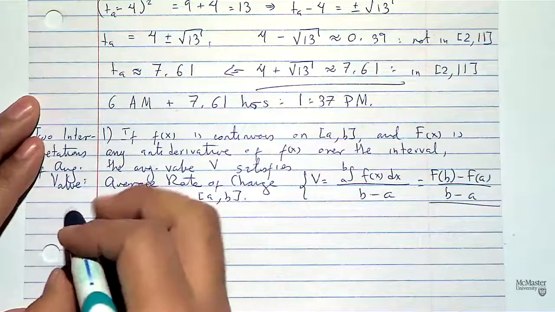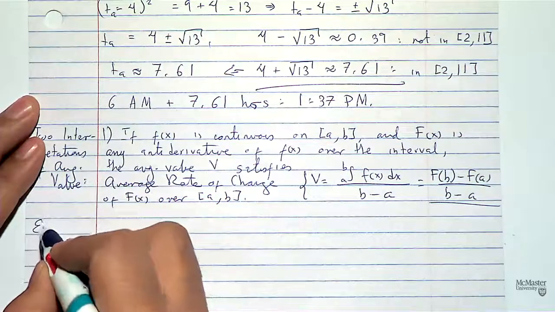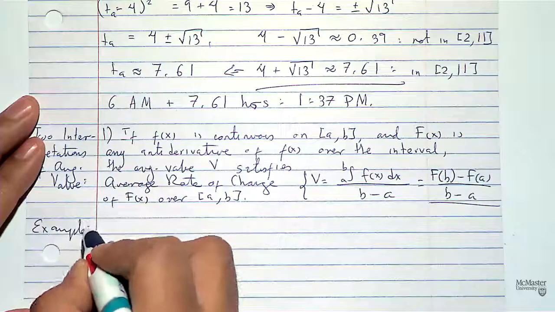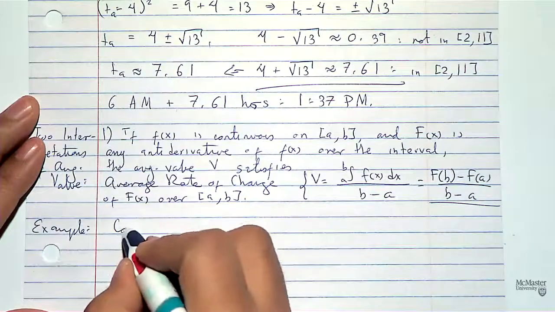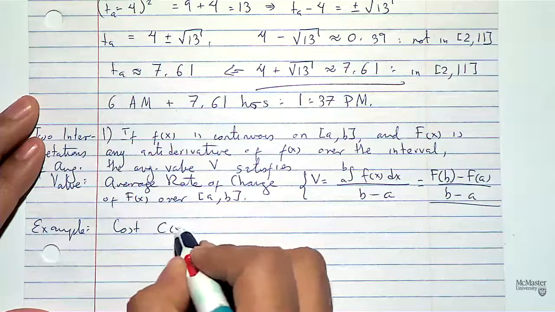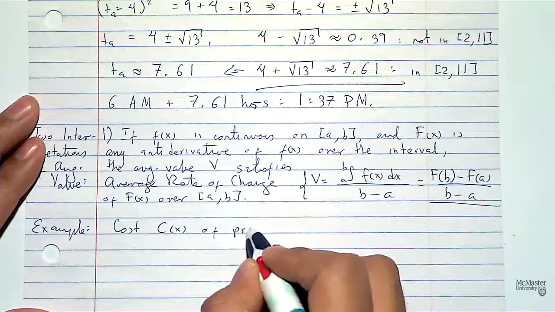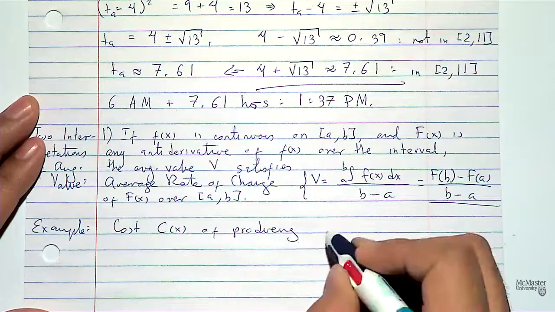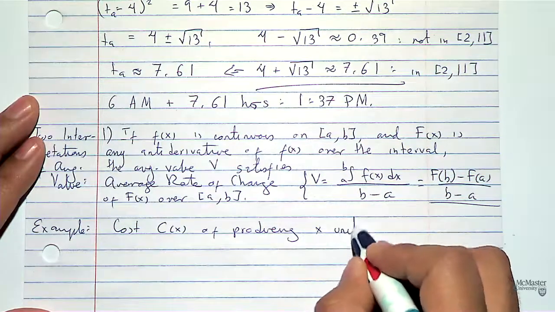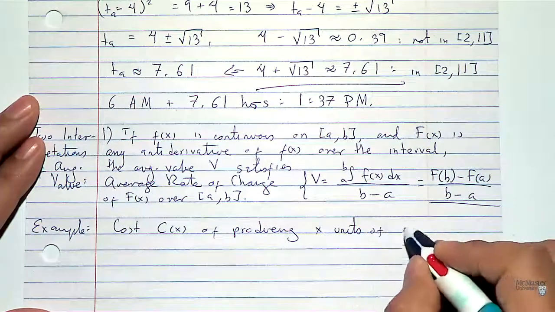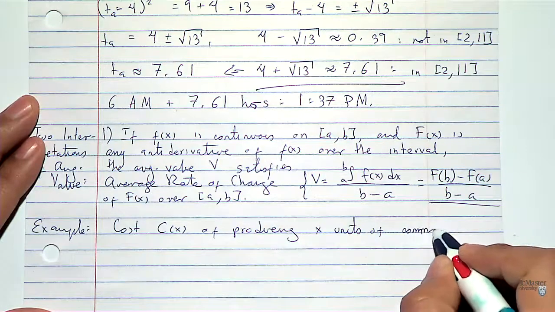So one example in terms of this possible interpretation is the cost, C of x, of producing x units of a commodity.